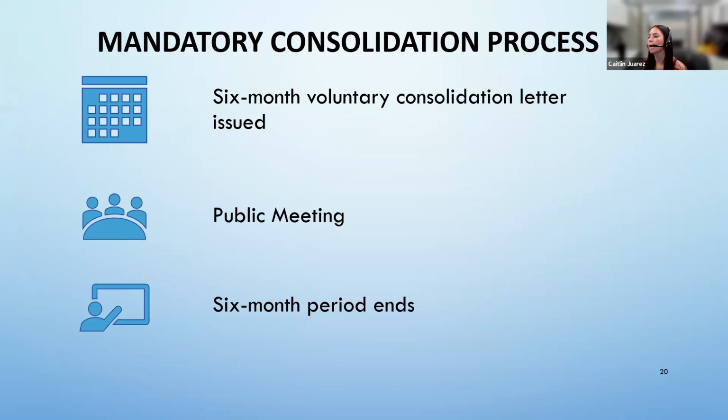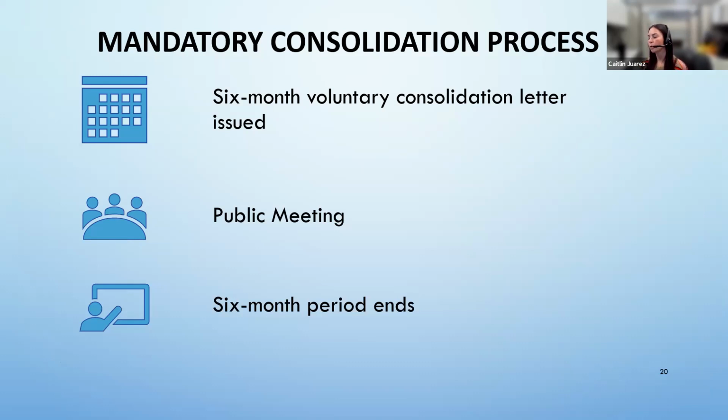I want to briefly highlight some of the major milestones for this mandatory consolidation process. The Division of Drinking Water encourages voluntary consolidation wherever possible. However, if parties cannot come to an agreement to consolidate in a timely manner, mandatory consolidation may be implemented.